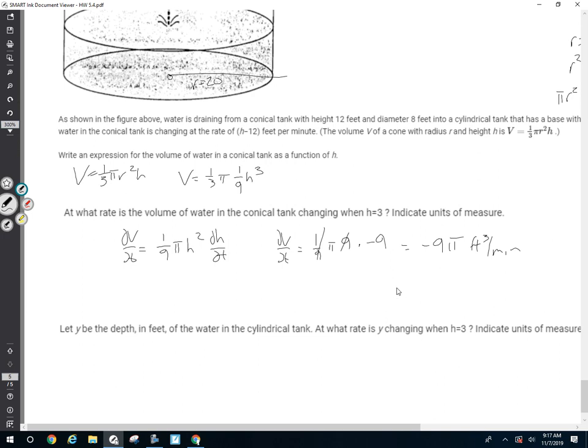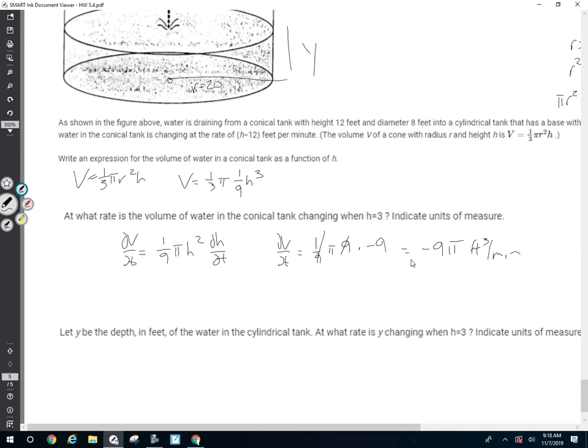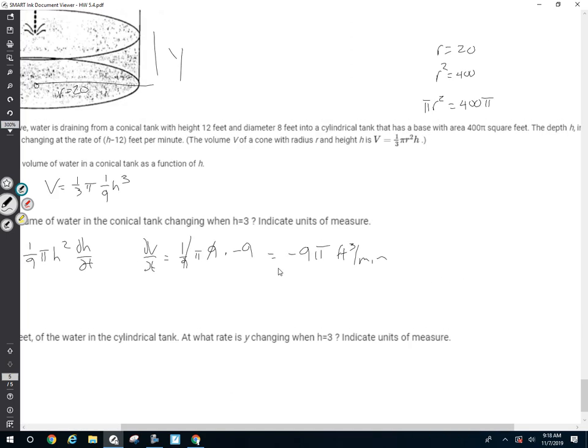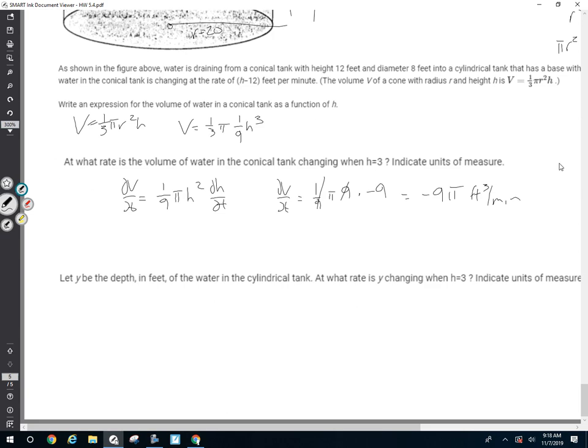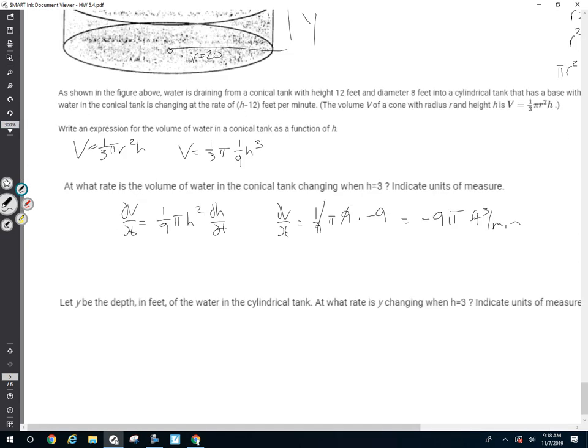Let y be the depth in feet of the water in the cylindrical tank. So now we're talking about this being y. At what rate is y changing when h is 3? Well, we have the volume in my cylinder, which is pi r squared h, but it's not h, it's going to be y.